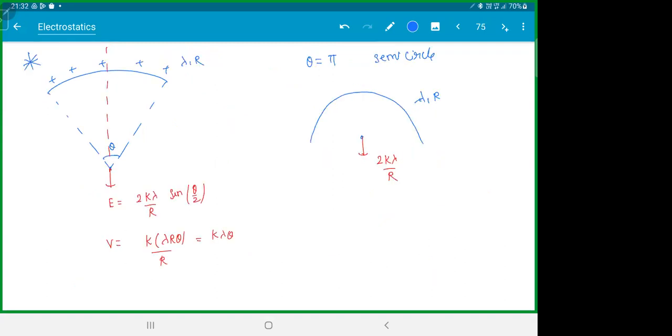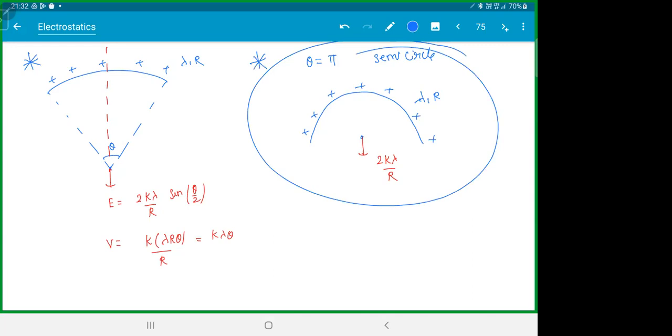You can put on these results. This is for positive charge, okay? For negative, the direction will be reversed. In gravitation the formula will be 2g lambda by r, but it will be upward because gravitation is always negative charge. Gravitation is always attractive. The results are more important. This could be a direct mains question. The semicircle.